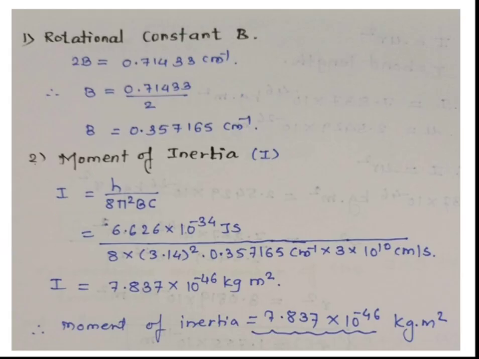So here the rotational constant is capital B. When two lines are equidistant, then the spacing between these two lines, or when we consider the transition from the ground state to the first excited state of a rotational spectrum, the spacing is 2B. So I have taken here 2B, which is equal to 0.71433 per centimeter.